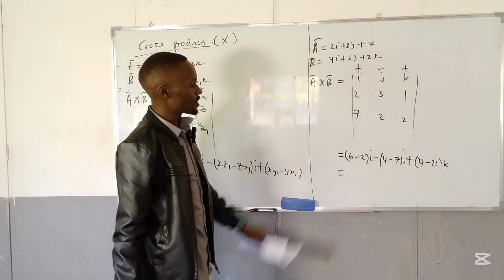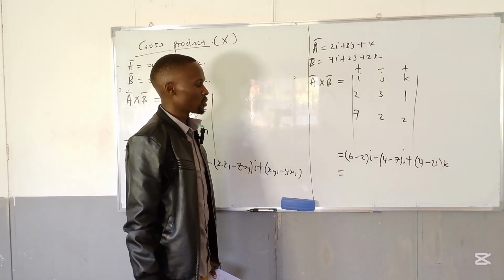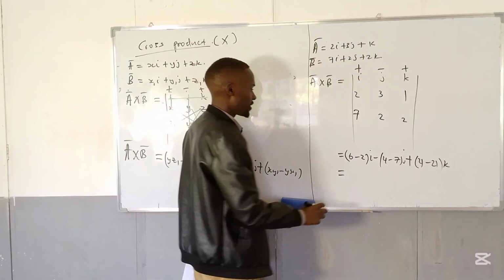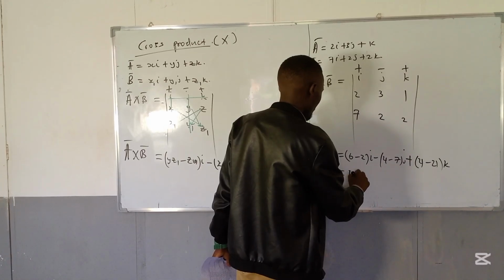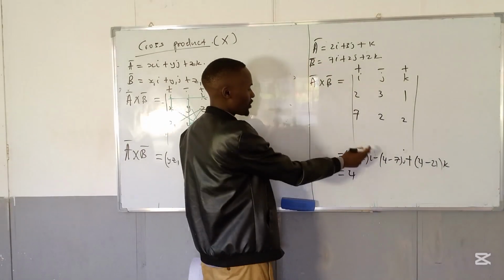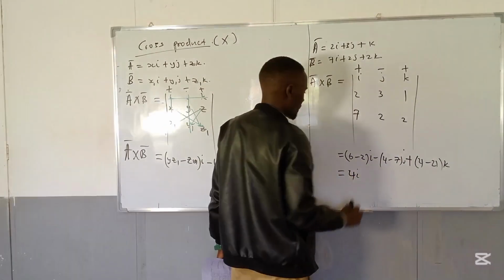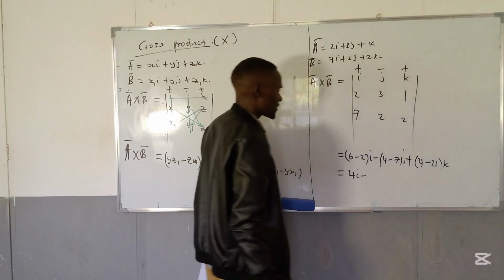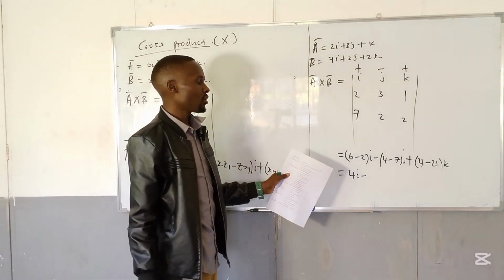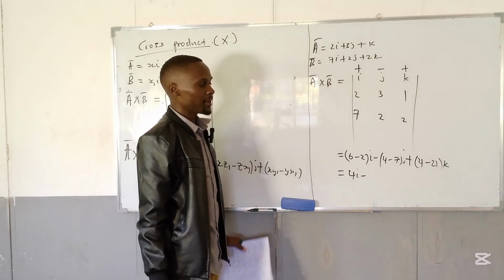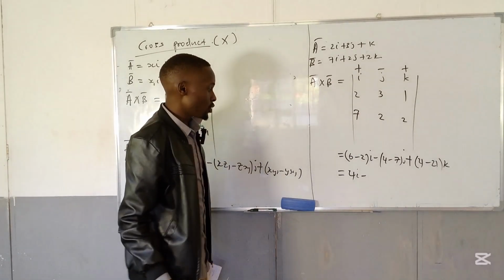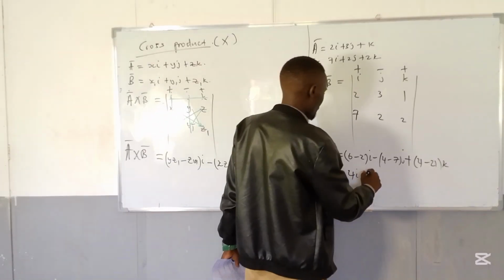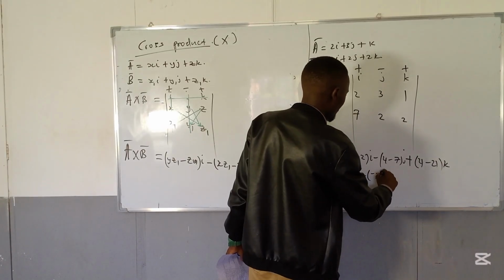So 6 minus 2 will give us 4. But remember what we have is I, so that means it will be 4i minus, 4 minus 7 will give us negative 3.